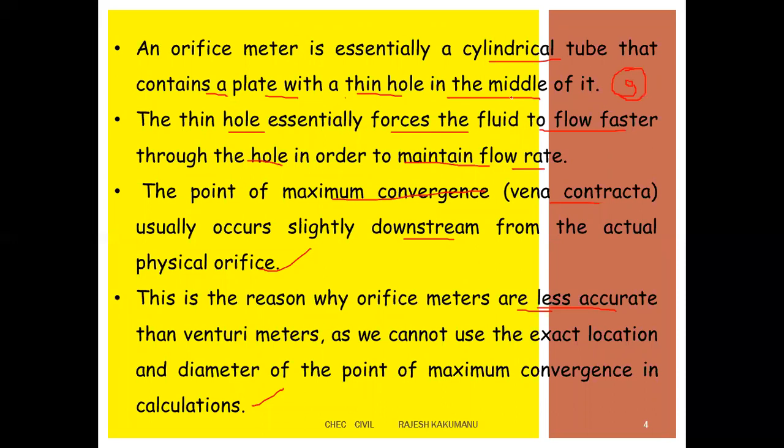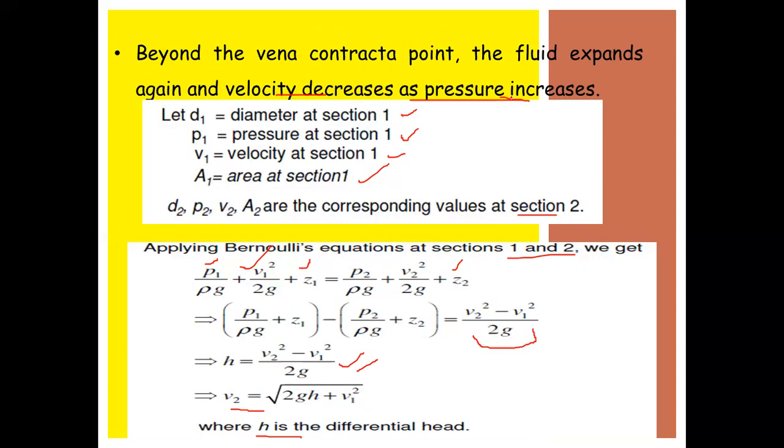From the diagram, when you get a question to derive the orifice meter, you have to draw the figure and write this derivation. Let d1 be the diameter at section 1, p1 the pressure at section 1, v1 the velocity at section 1, and a1 the area at section 1. Next, d2, p2, v2 and a2 are the corresponding values at section 2.